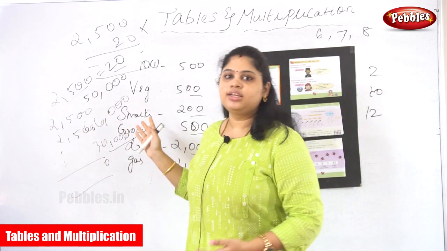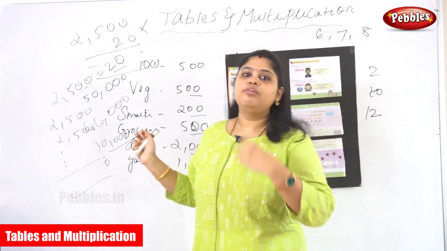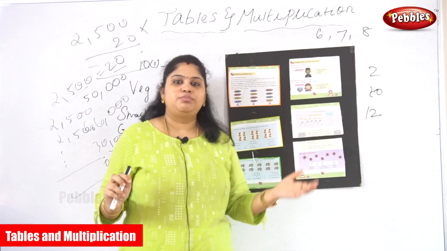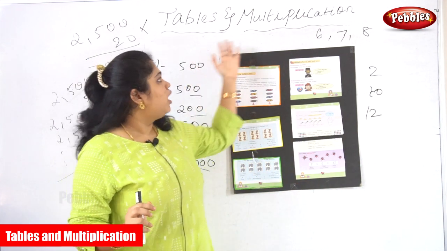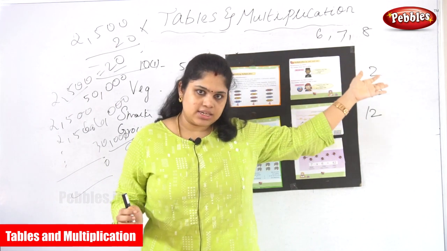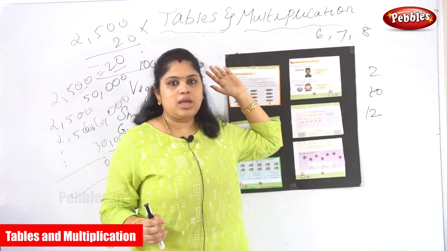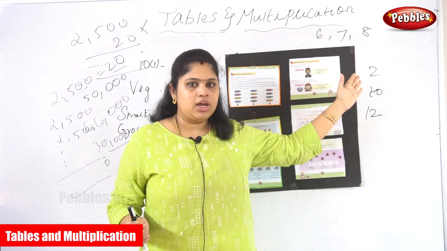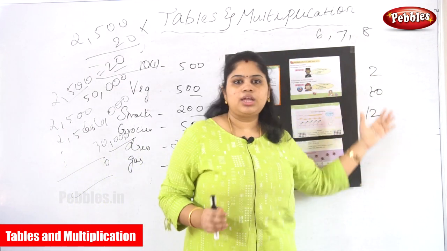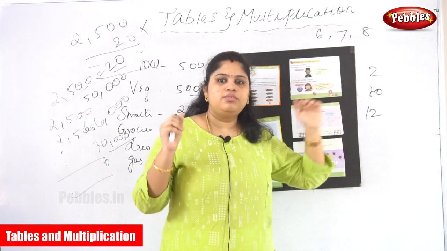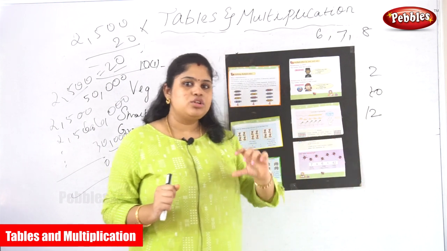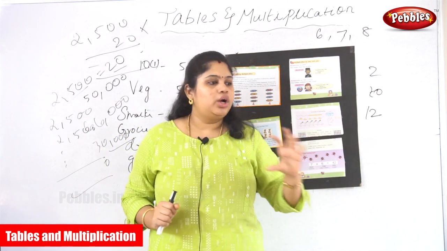With a great lifetime example, I explained the need for multiplication. I also told you that tables and multiplication are like brothers and sisters, and we cannot avoid the tables while learning multiplication. We should be very strong in at least the 2 to 12 tables.